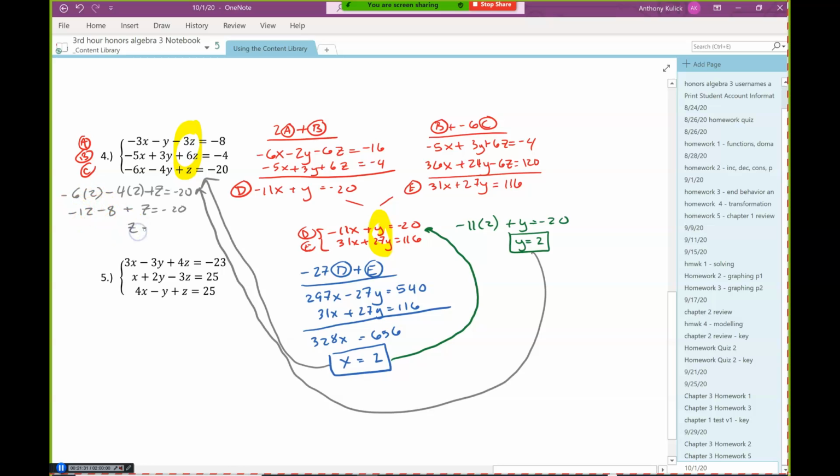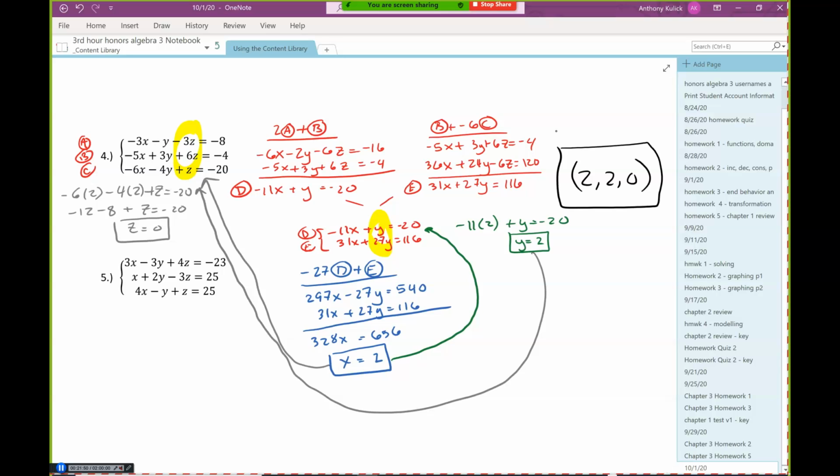If I add 20 to both sides, I get Z equals 0. So my answer should be 2, 2, 0. Yeah, we always write them in alphabetical order when we write our ordered triple. So X, then Y, then Z. Does that feel okay, Maddie?